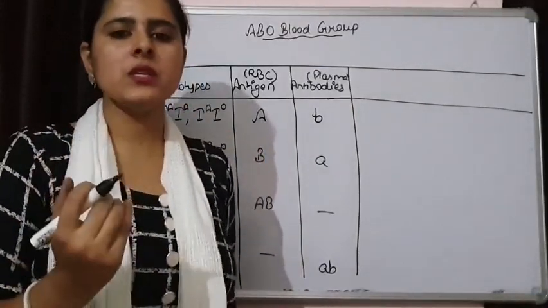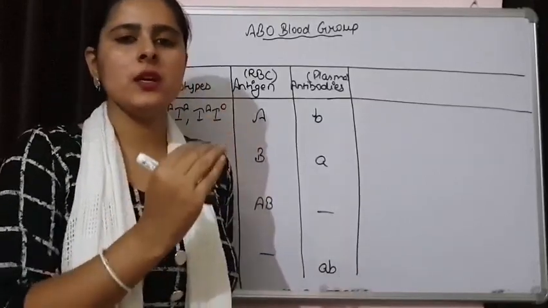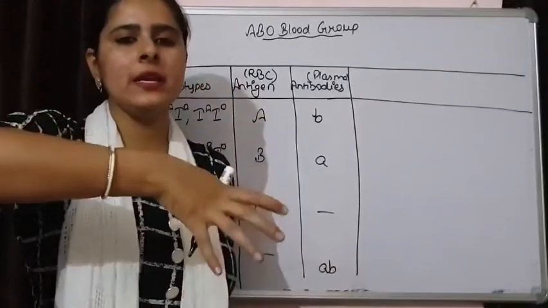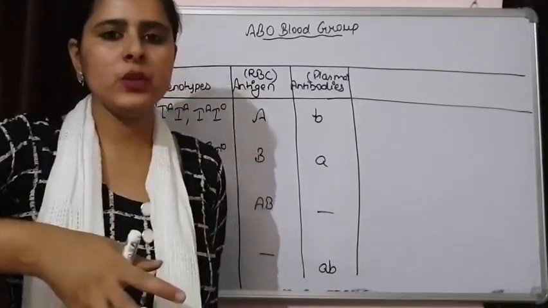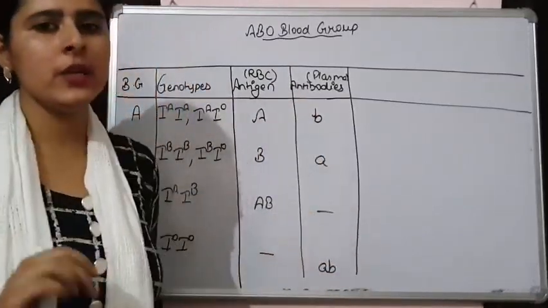There is significance of these antigens and antibodies present on RBC and blood plasma. When blood transfusion is going to take place between two individuals, we generally match the blood group. Any type of blood group cannot be transferred into the body of another individual, so these are going to play a very important role.